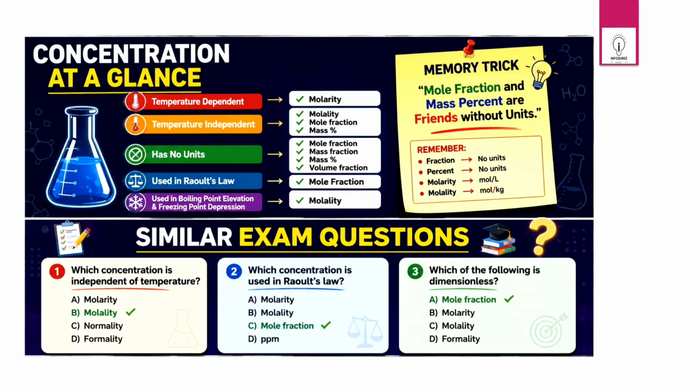We can bring a new series in which we are going to discuss Raoult's law and also some other important laws related to chemistry. Okay. Boiling point elevation and freezing point depression use molality.